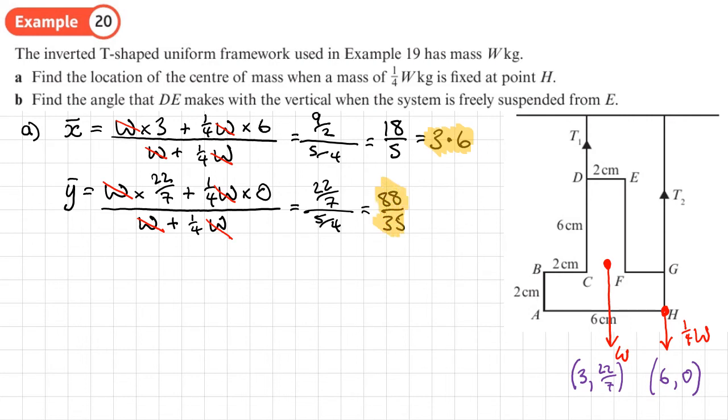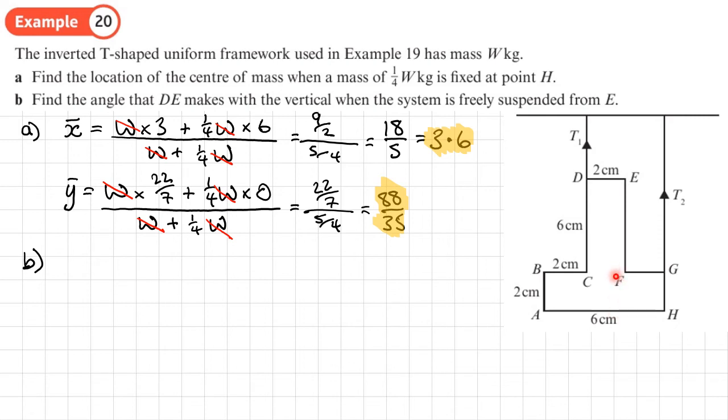Right, okay, part B. Find the angle that D makes with the vertical when the system is freely suspended from E. So we can take these masses off because we've now got a new center of mass. That is 3.6 across, so it's moved slightly across from the 3, and 88/35 is about 2.5 something.